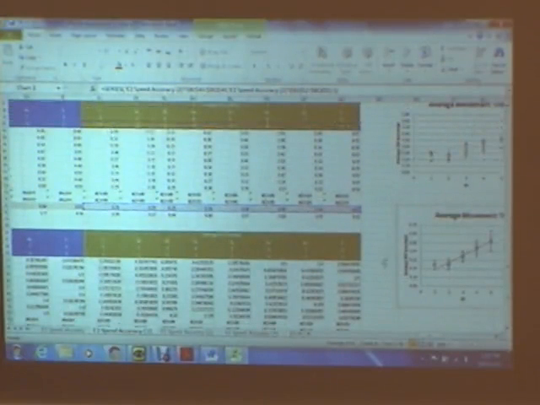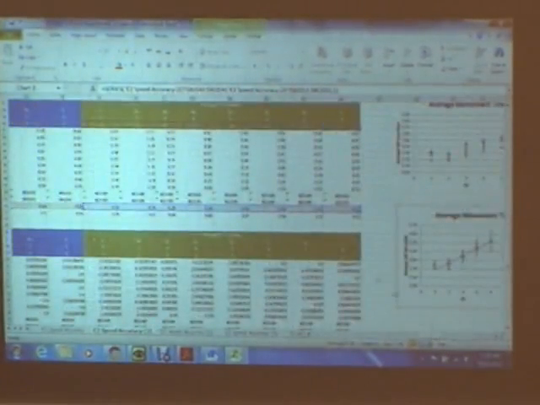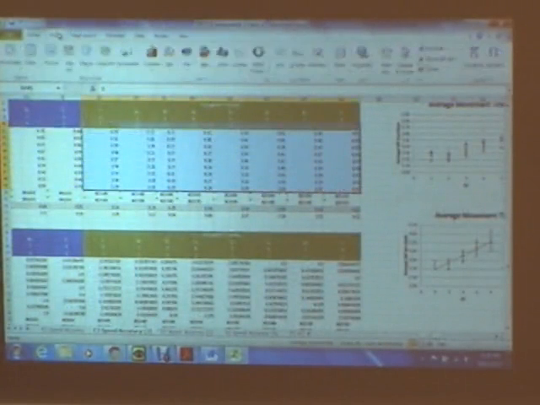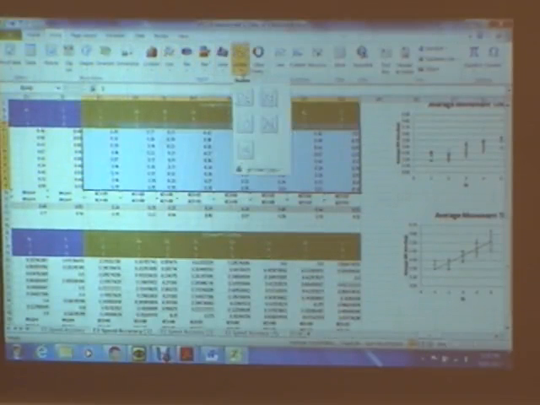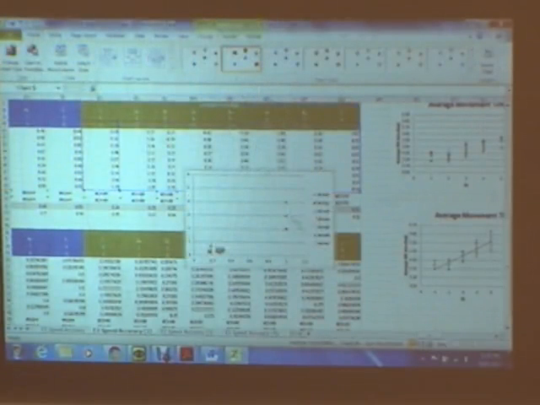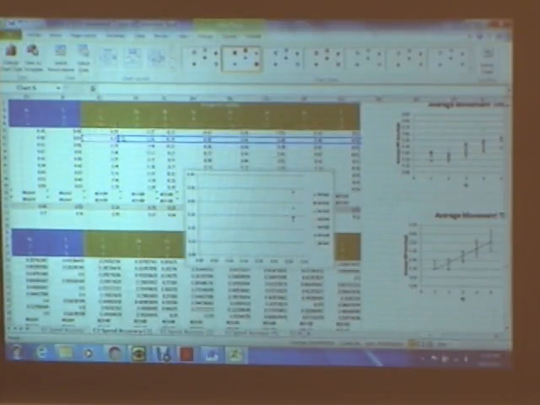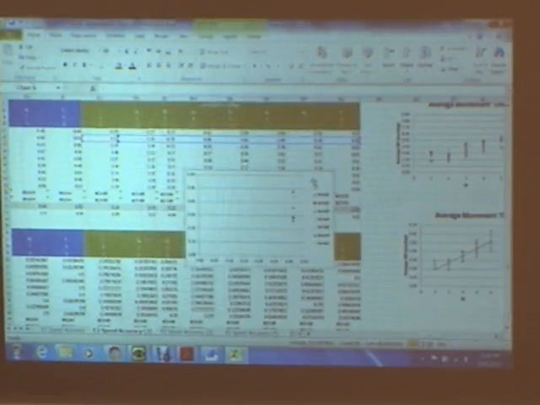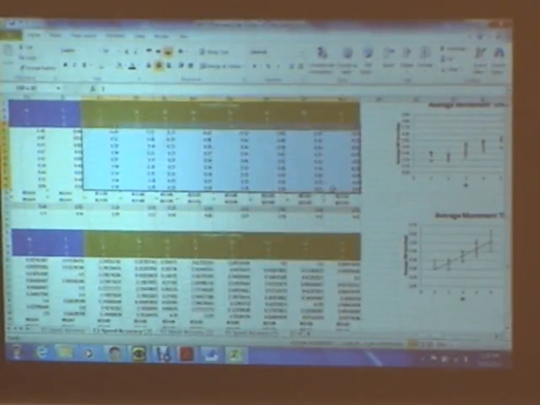So I'll actually show you how to make one real quick. Let's see if I can remember how to. We're going to insert, and you hit scatter. Not quite right. So let's try again.